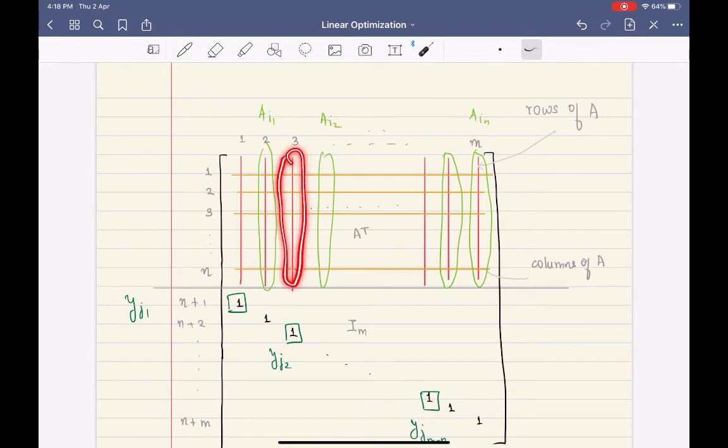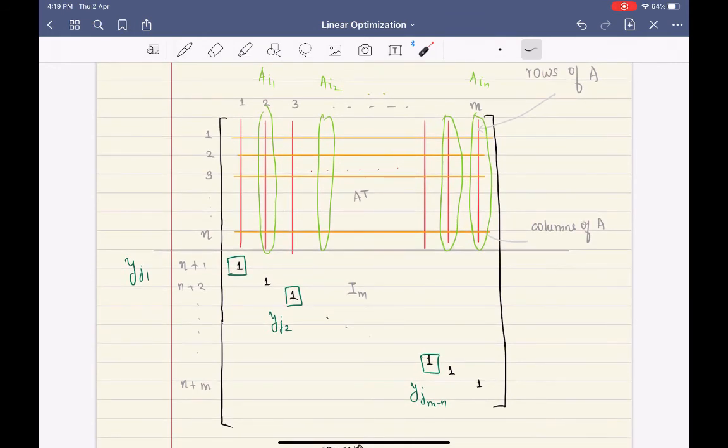This was not chosen in the a's, in the n rows. So this will be chosen in the j's, right? So yj1 will be 0, yj2 will be 0. All the m minus n columns which were not chosen, the variables corresponding to that will be the j's. Okay, so this row will be chosen as long as this column was not chosen.